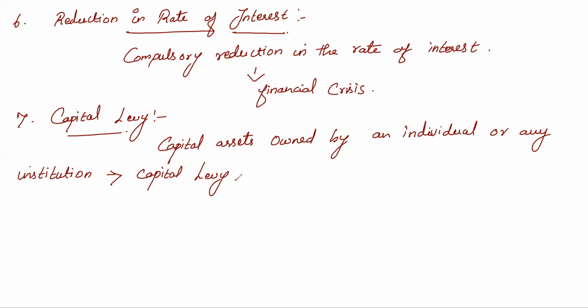So this levy is imposed on capital assets above a minimum limit on a progressive scale. Then the fund so collected can be used by the government for paying the wartime debt obligation.